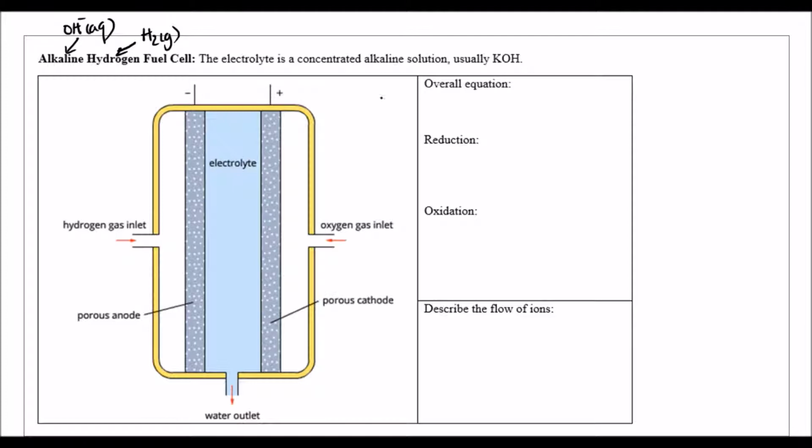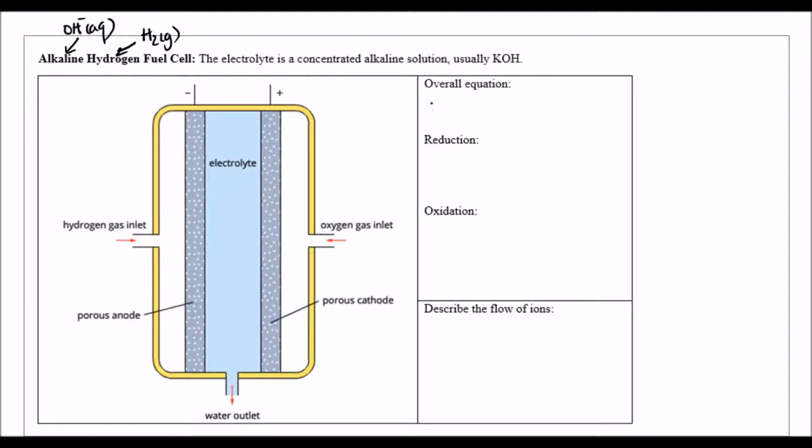So the way that you need to write the overall equation, the reduction, the oxidation, and then describe the flow of ions. I'm going to repeat these multiple times in the next 2 minutes, but the overall equation of a fuel cell is identical to the combustion equation between the fuel and oxygen, when oxygen is in excess, so complete combustion.